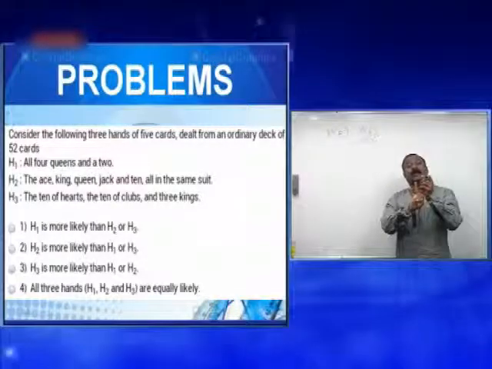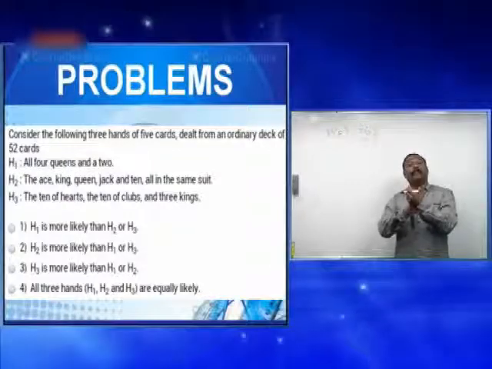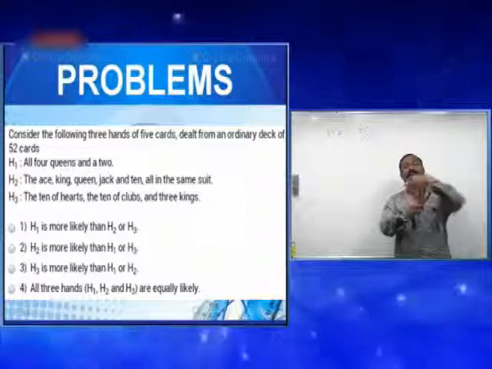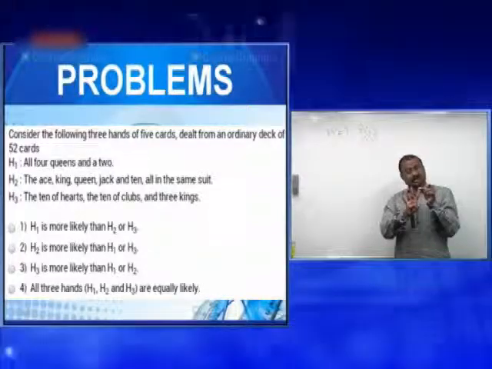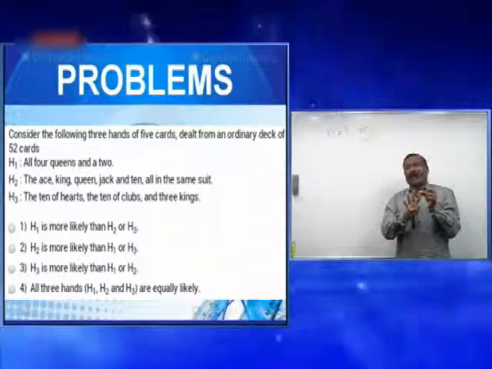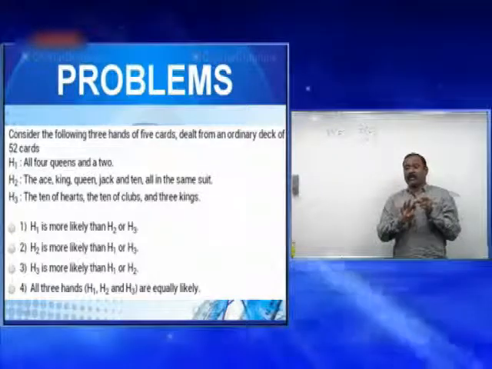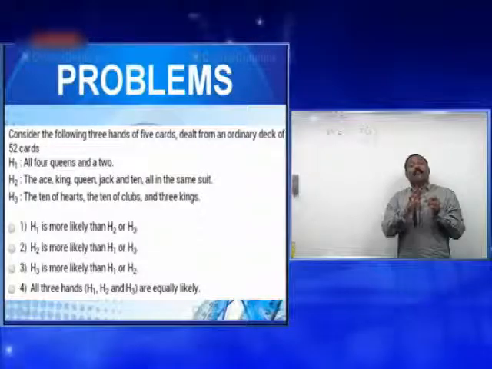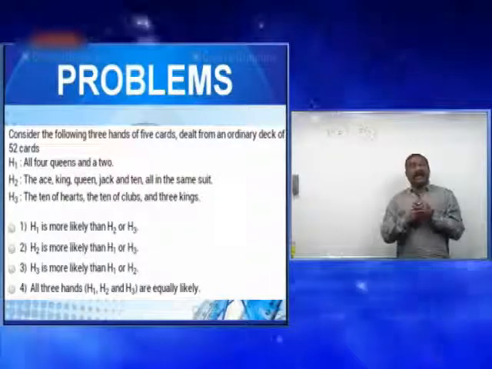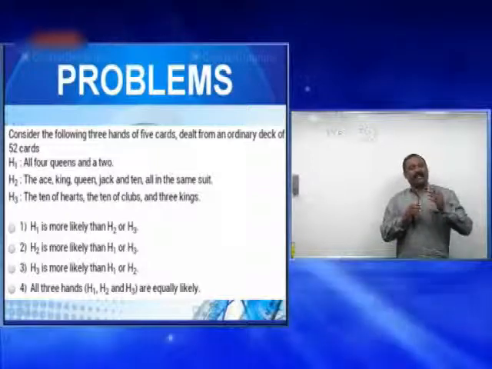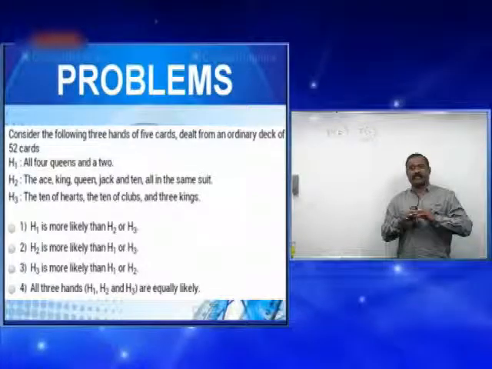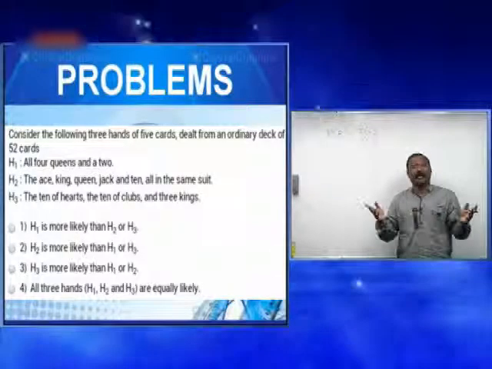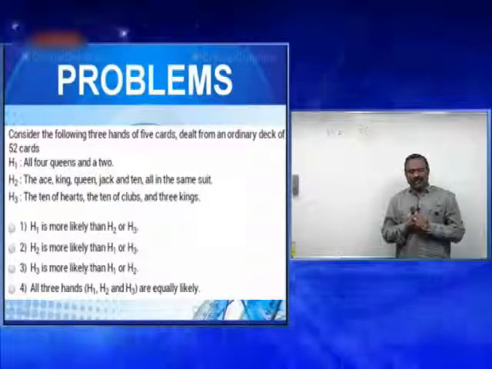Among them 26 are of red color and 26 are of black color, and each suit consists of 13 cards. So 13 into 4 is 52. In 13 cards you will have ace, and the remaining will be 2 to 10, and next will be king, queen, jack, like that. Totally 13 cards in each suit, 13 into 4 becomes 52 cards. So you must know that first.